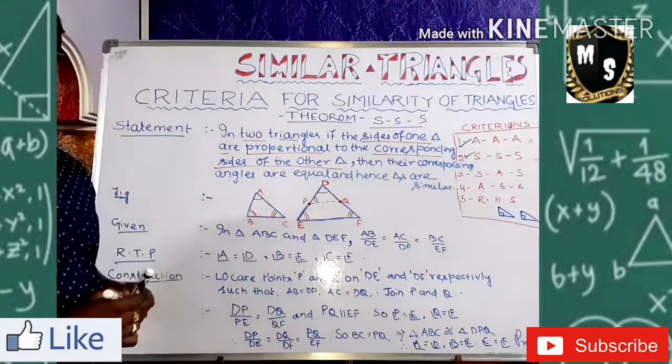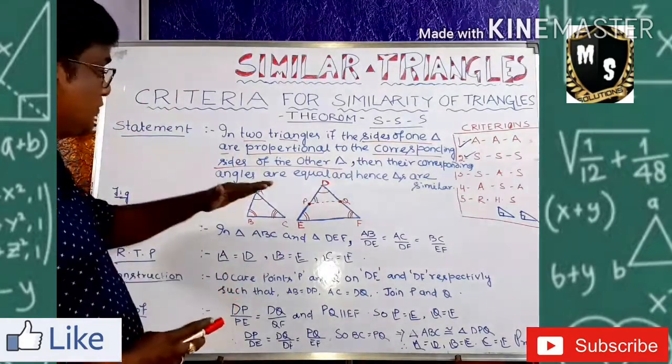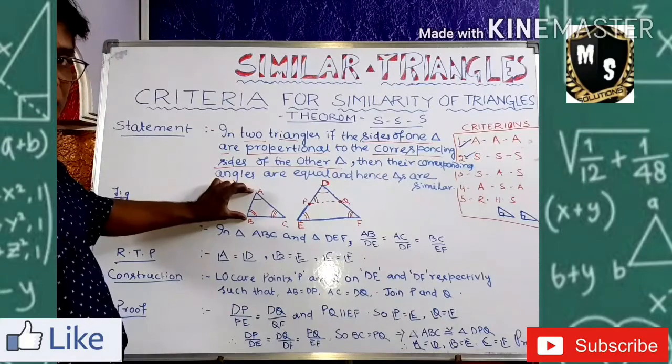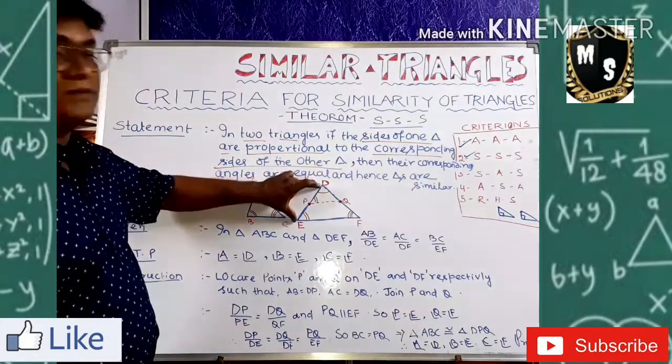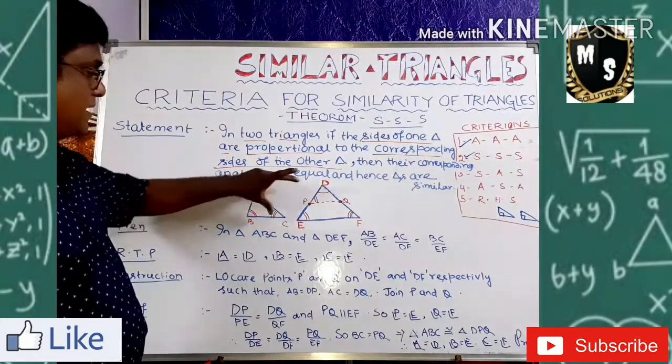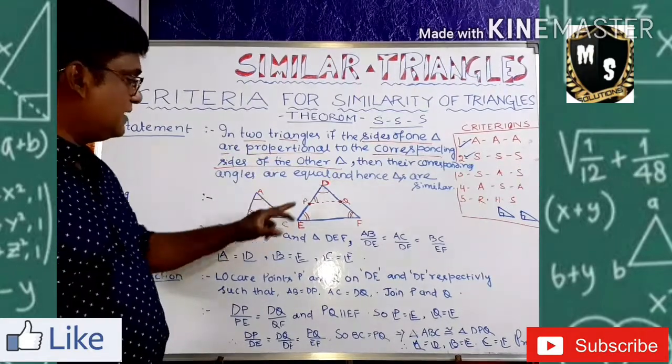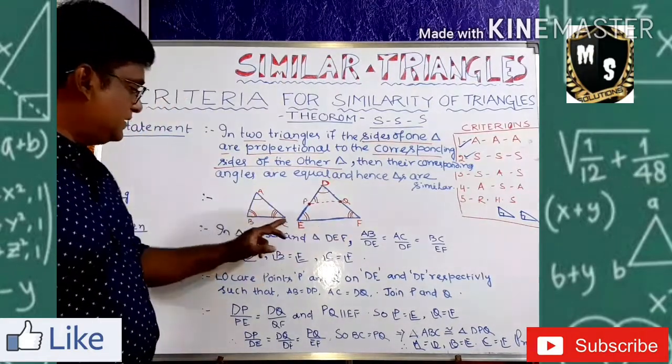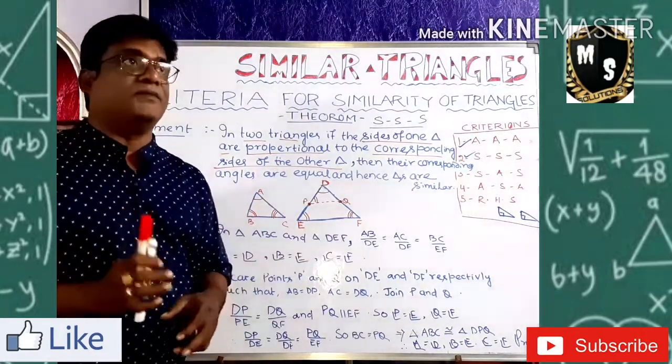This is the most important line. Here, what is given to you? Sides of one triangle are in proportion with the sides of the other triangle. That means AB by DE is equal to AC by DF equal to BC by EF. It is given to you.